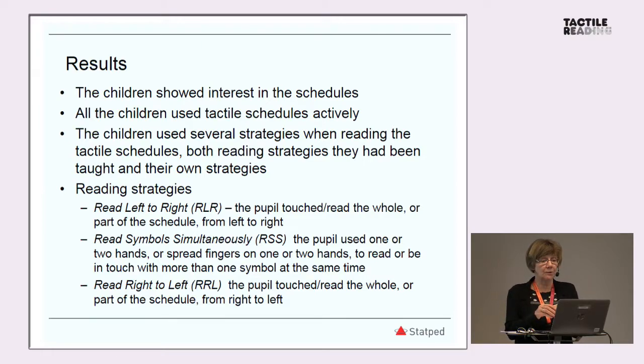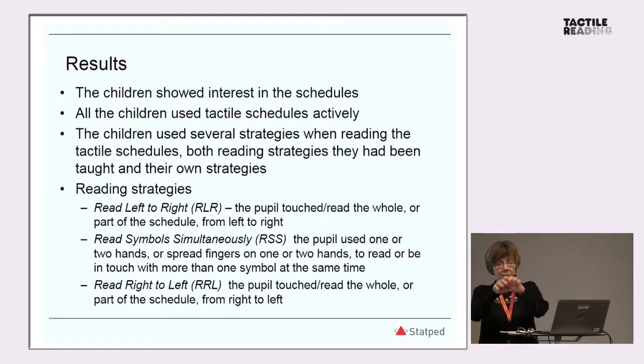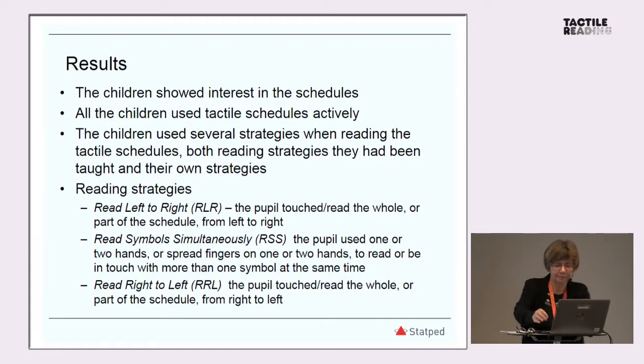Or read symbols simultaneously. The pupils used one or both hands, or spread fingers on one or two hands to read or be in touch with more than one symbol at the same time. Read right to left: the pupil read the whole or part of the schedule from right to left. Sometimes they started to read in the middle, and they spread their fingers from the middle as well.